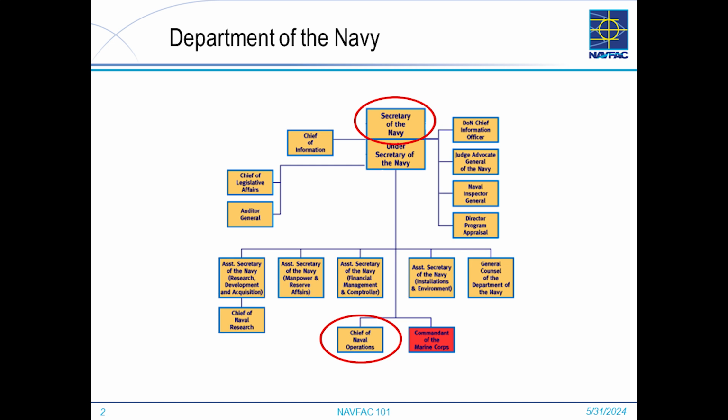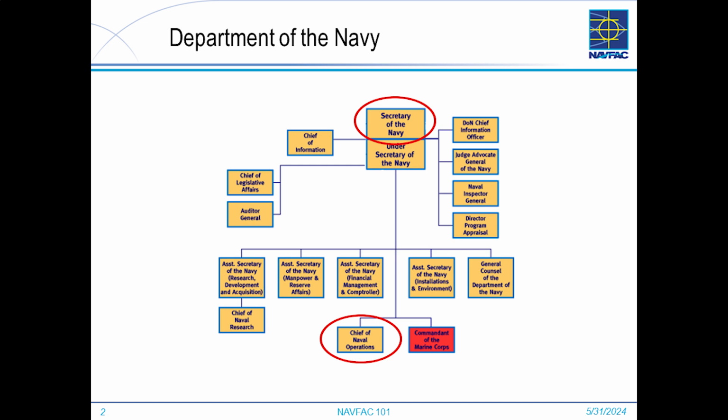Towards the bottom of this slide, you see that the Secretary of Navy is broken out into two branches. We have Chief of Naval Operations, otherwise known as CNO, and the Commandant of the Marine Corps. And in our course today, we will just concentrate on the Chief of Naval Operations branch.